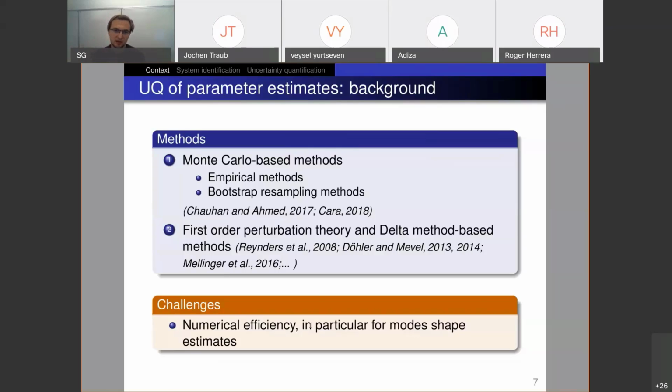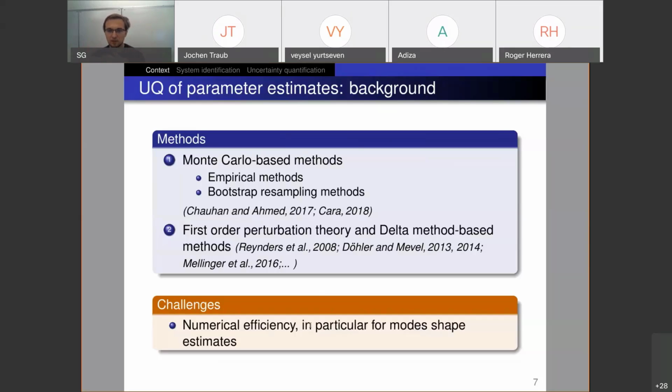There are several challenges that relate to both Monte Carlo-based methods and first-order perturbation-based methods. The main challenge is their numerical efficiency. For Monte Carlo-based methods, we need many estimates to compute a reliable approximation of the sampling distribution of our parameters, which is exhaustive.